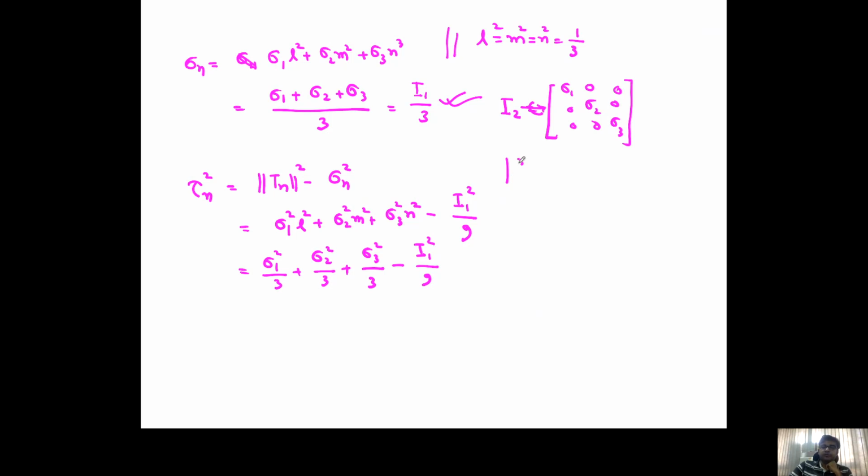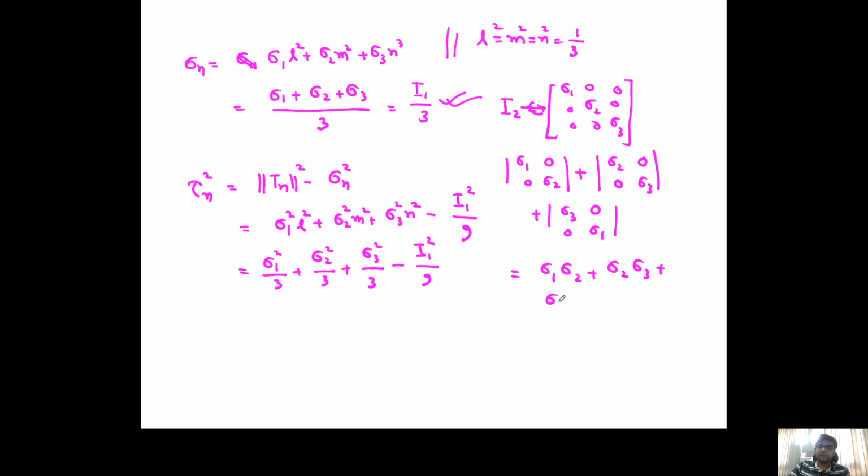I2 for this one is the determinant of sigma 1 0 0 sigma 2, plus the determinant of sigma 2 0 0 sigma 3, plus the determinant of sigma 3 0 0 sigma 1, which is equal to sigma 1 sigma 2 plus sigma 2 sigma 3 plus sigma 3 sigma 1. So this is your I2. Okay.